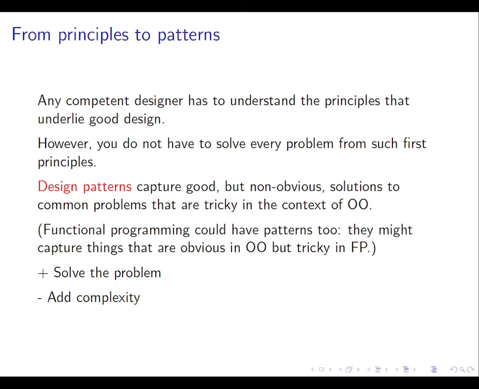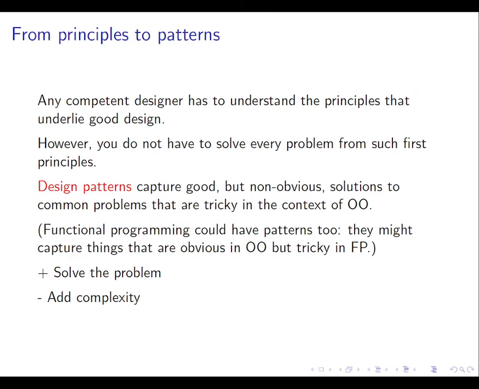Now, design patterns arose in the context of object orientation, but that doesn't mean that they're actually in any important way specific to object orientation as a concept. Okay, it would be perfectly possible for functional programming to have patterns as well. They'd be different ones. They would capture things that are obvious in object orientation but tricky in functional programming.